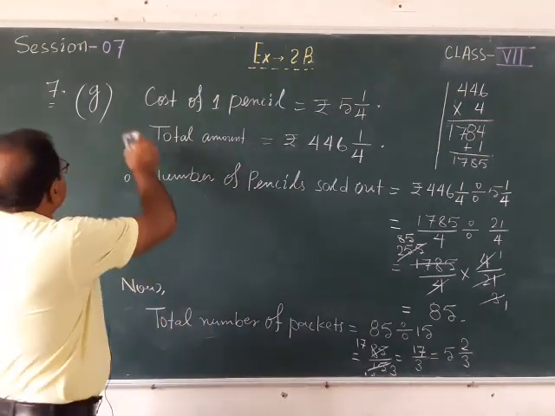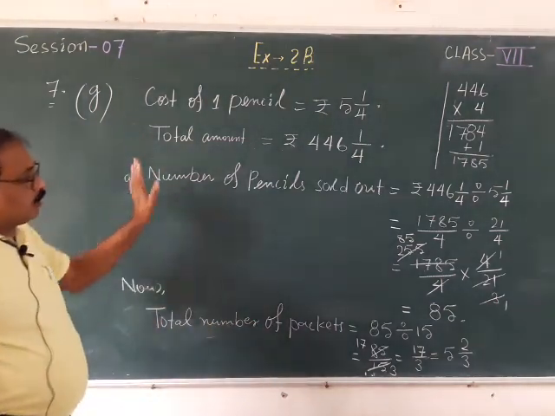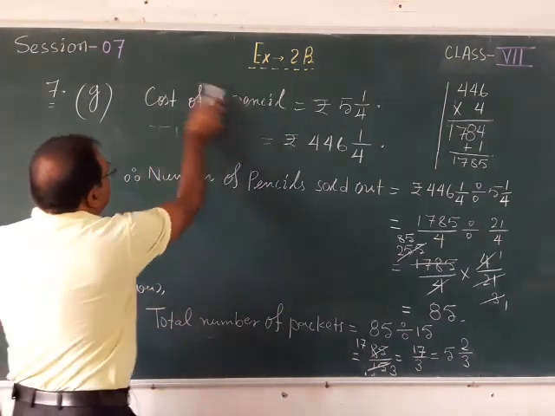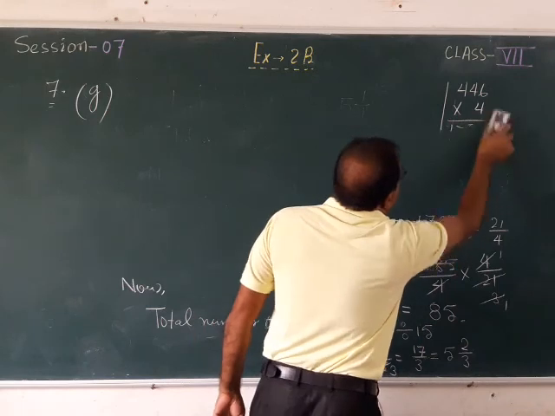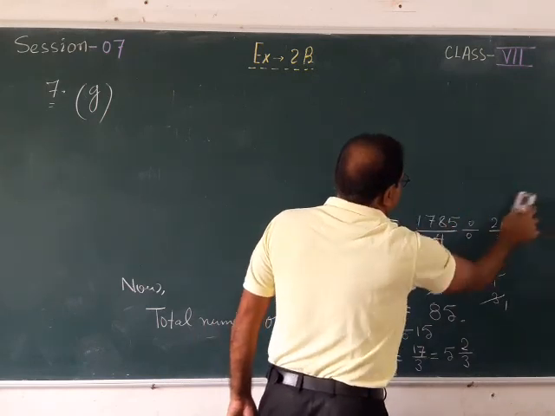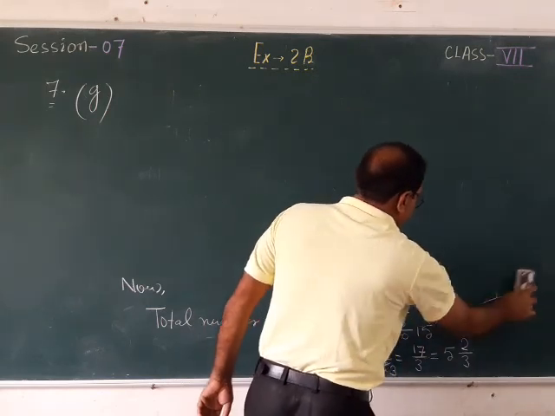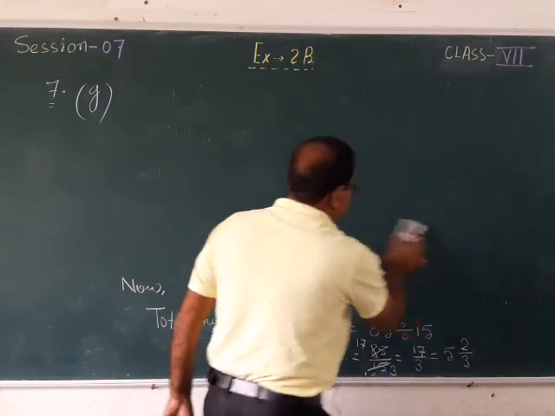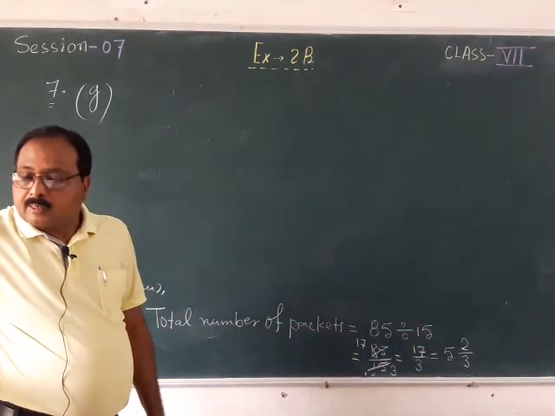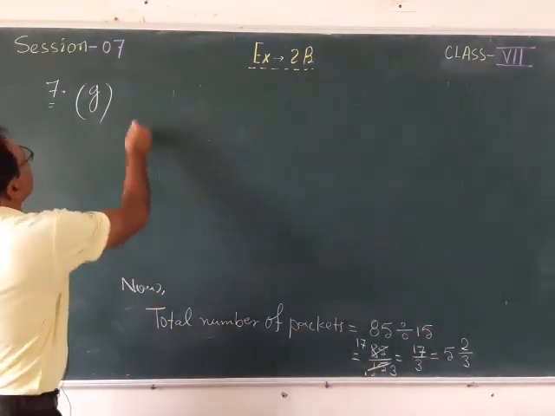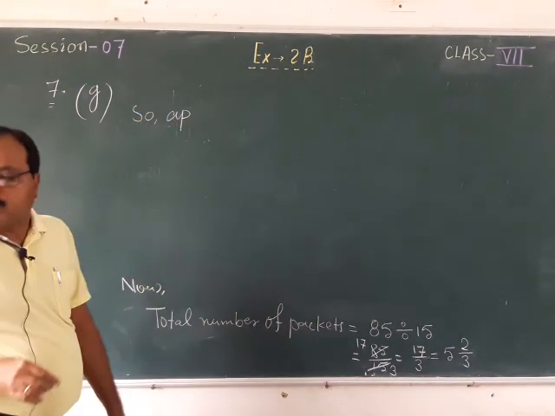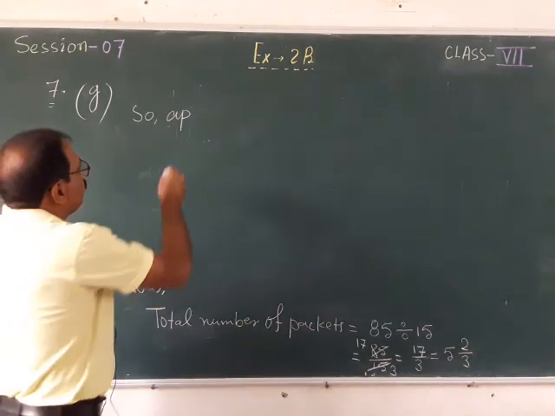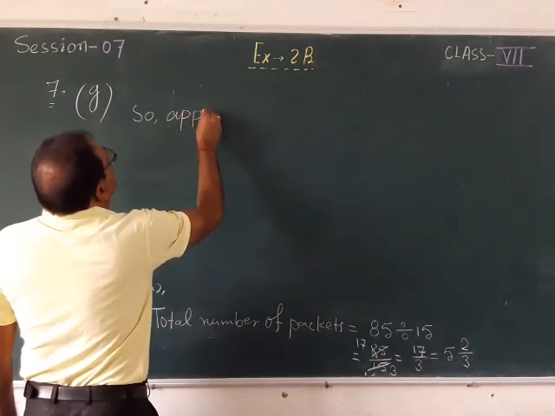Okay. I hope that you have written this one. So, let me clean this part. Further, at the final step, one statement you need to write. You have to write the word approximately because it is used in your book question also.